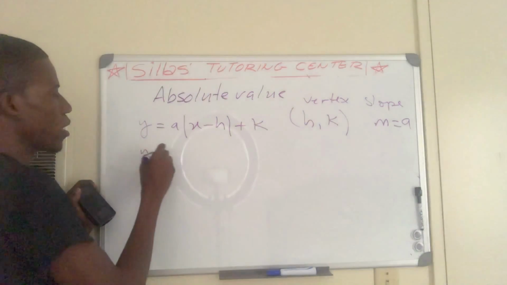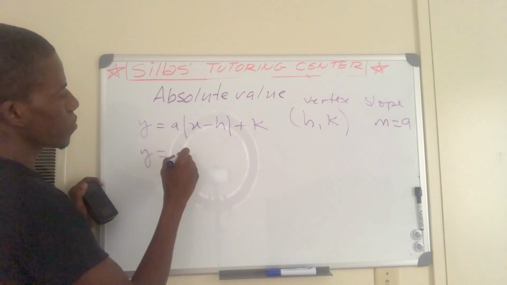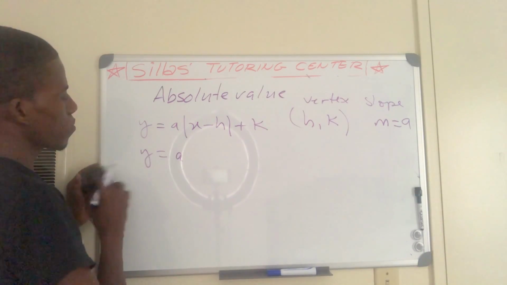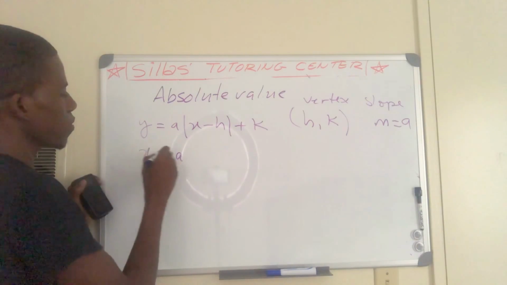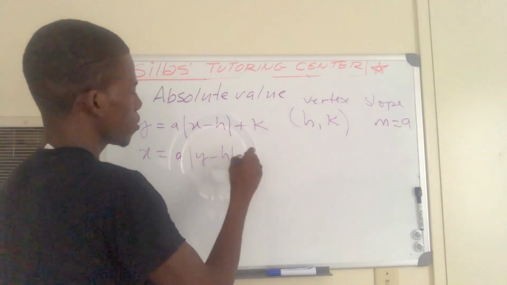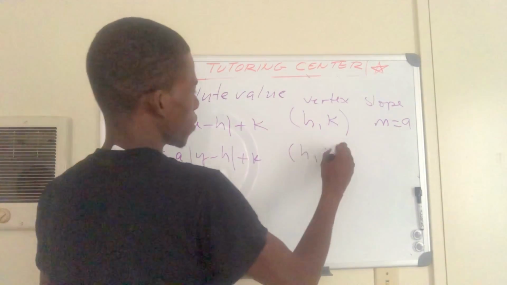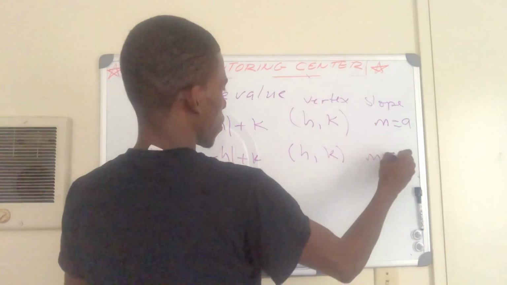And we can have x equal to a times absolute value of y minus h plus k, and our vertex is still going to be h, k, and our slope is still going to be a.